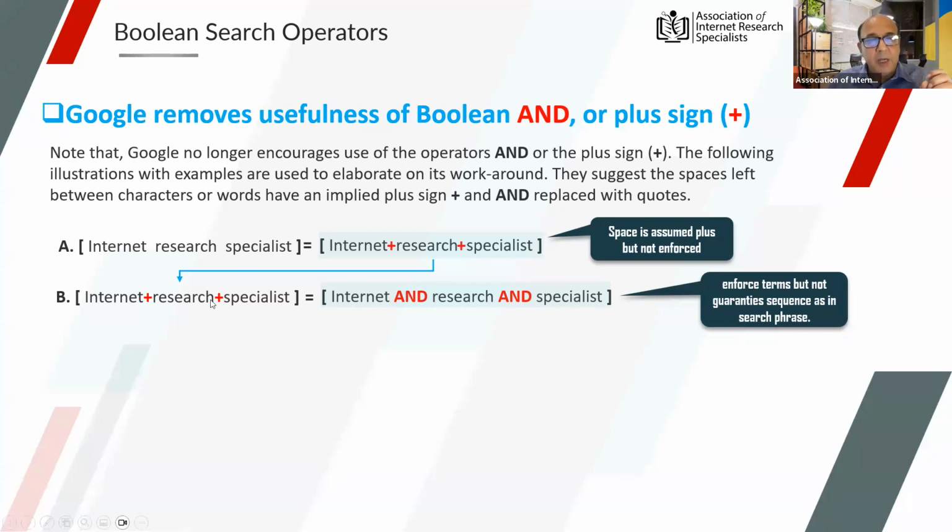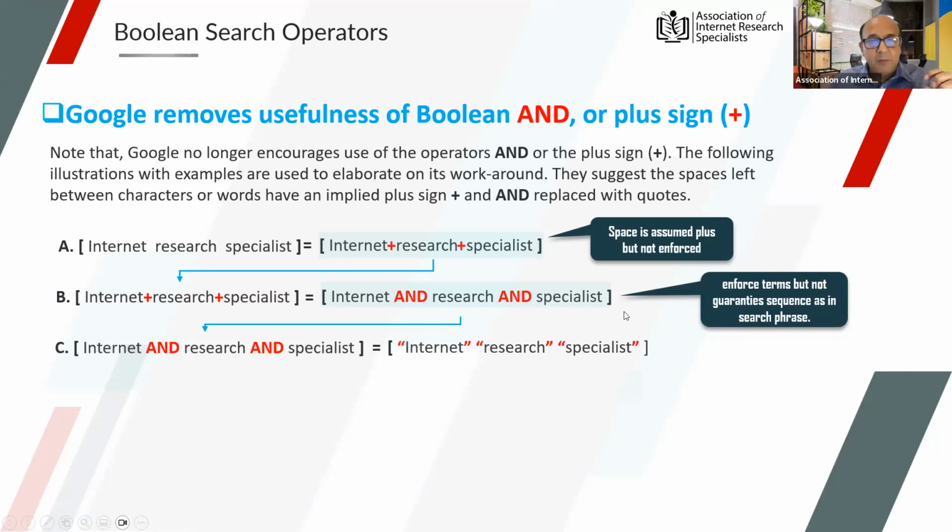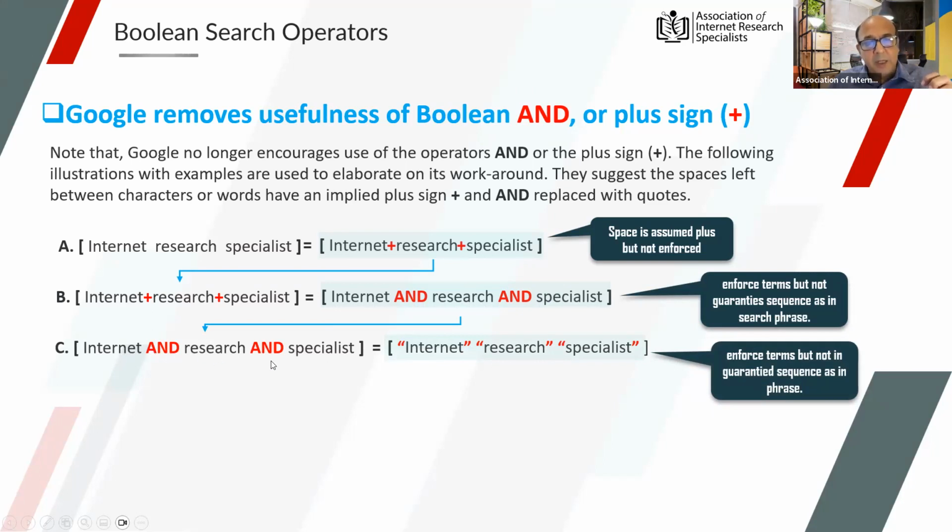So replacing the plus sign with AND in instance B makes all three present. Now, carrying this forward in C, supposing we did internet and research and specialist and we put individual words within quotation marks, wouldn't it act the same as what I mentioned with the AND operator here?